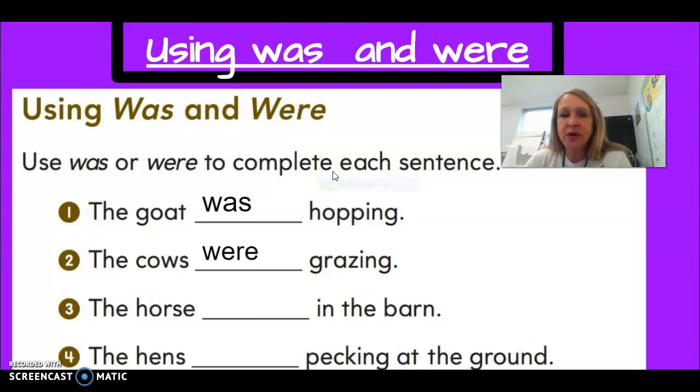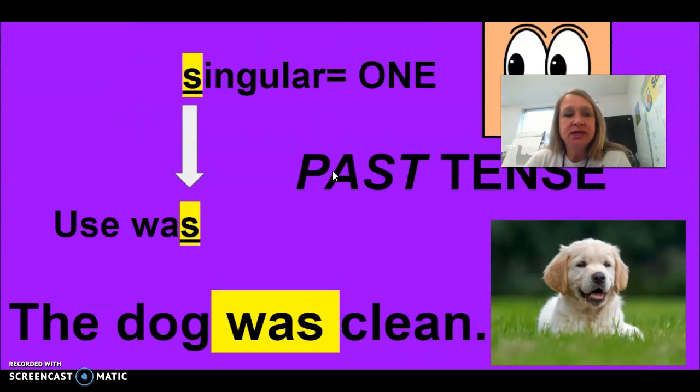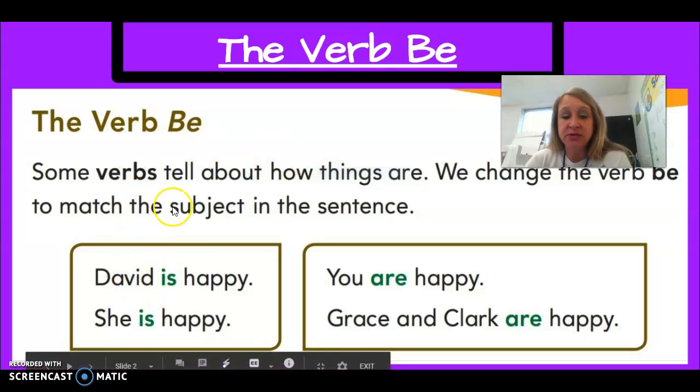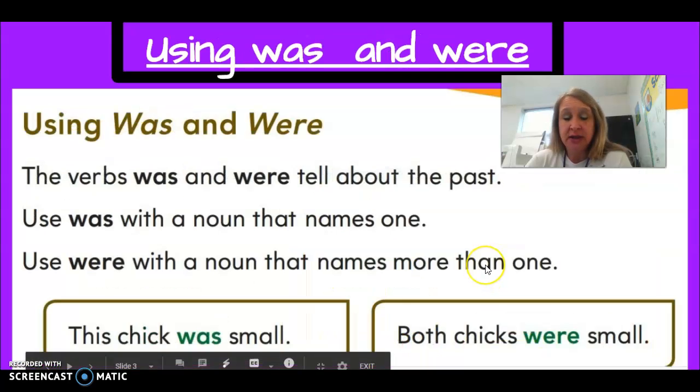So let's review what we talked about today. We reviewed the verb be when we use is for a singular subject and are for you and a plural subject. And then when it's past tense, we have to use was for a singular subject and were for a plural subject.